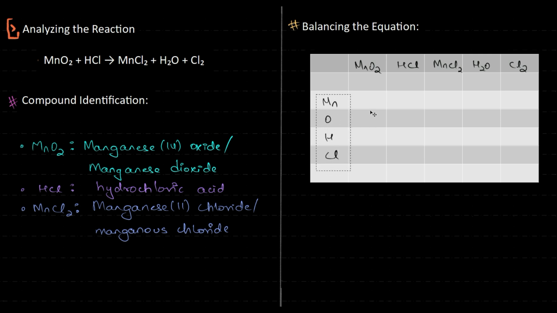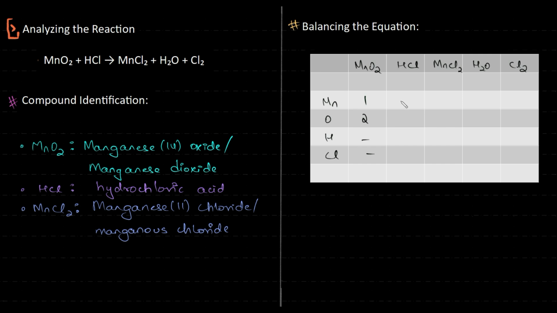Okay. So this is 1, this is 1, this is 2, none and none. That is, MnO2 has 1 manganese and 2 oxygen.